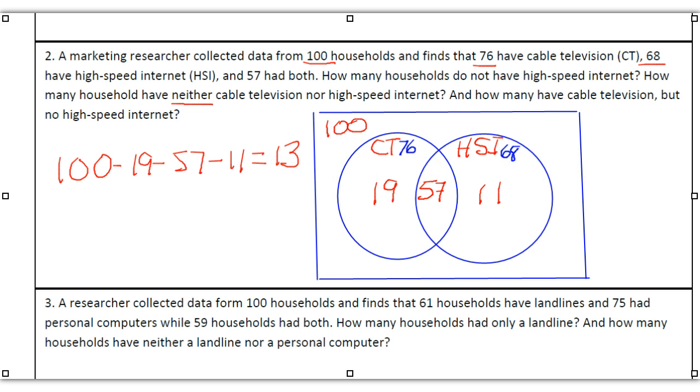So there are 13 that have neither. So our universe is 100, and this is our breakdown. And how did we find it? Well, we started, as we say, in the middle. And then we knew this, so we subtracted. And this is the formula, in a sense, to get answers.